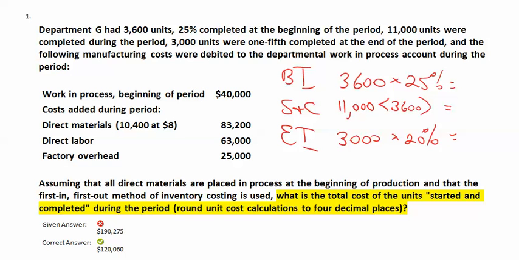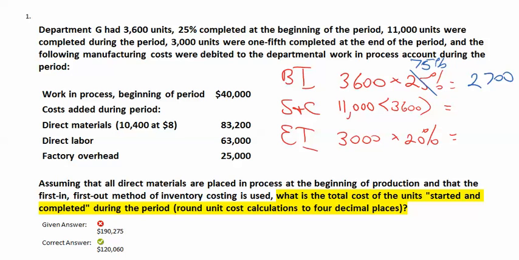So for purposes of the conversion costs, I can now make my calculations. If I take the 3,600 times 0.75, remember I've got to use the reciprocal of that. I have to finish them. So 75% of that is 3,600 times 0.75, or 2,700 units.